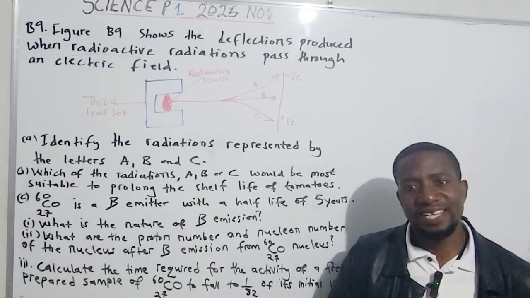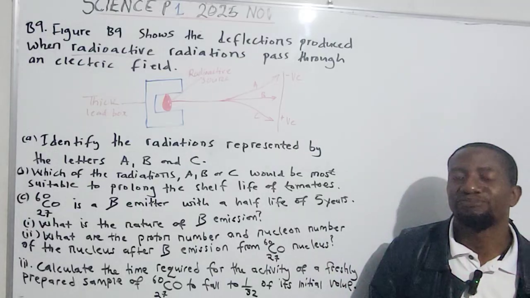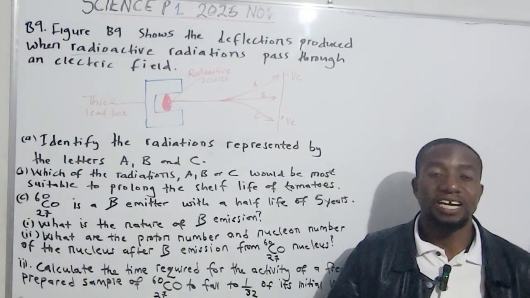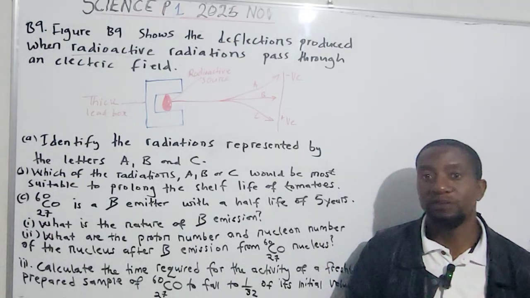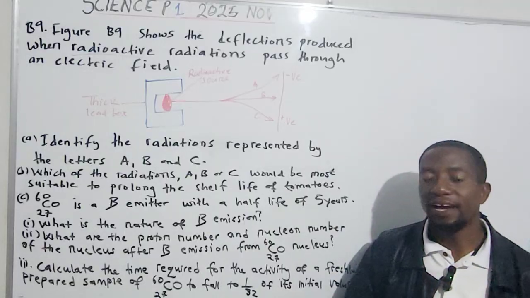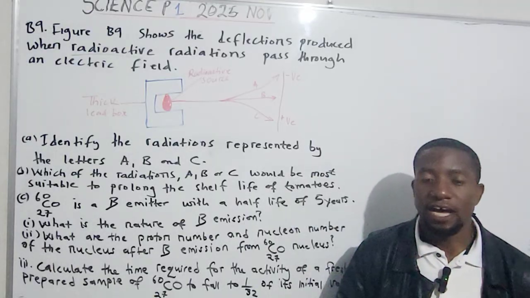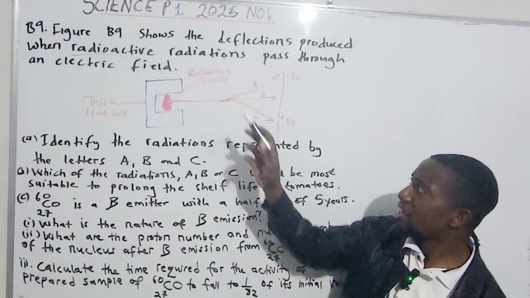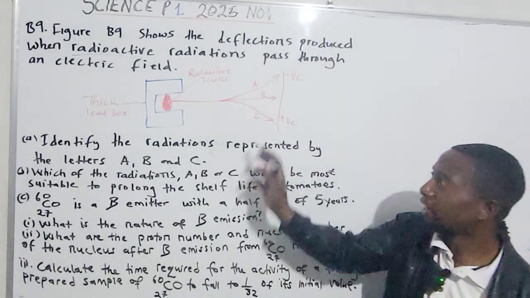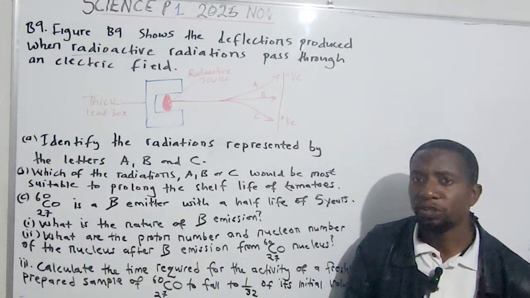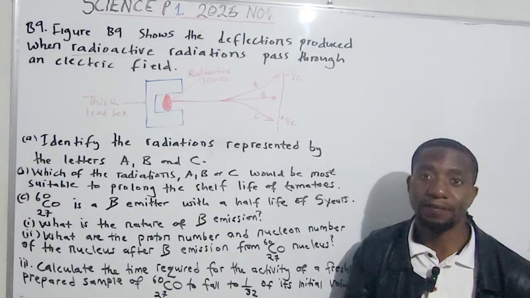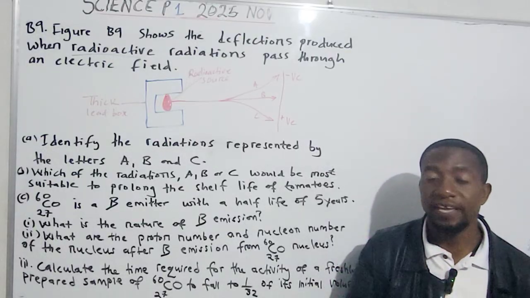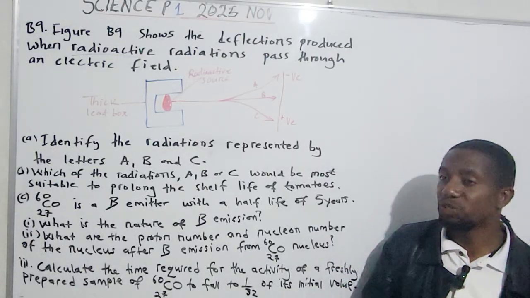Alpha particles are helium in nature and they possess a positive charge. Then the gamma radiation does not possess any charge. So just by looking at our structure here, we are able to see what is happening and we are able to identify the types of radiations which are involved.